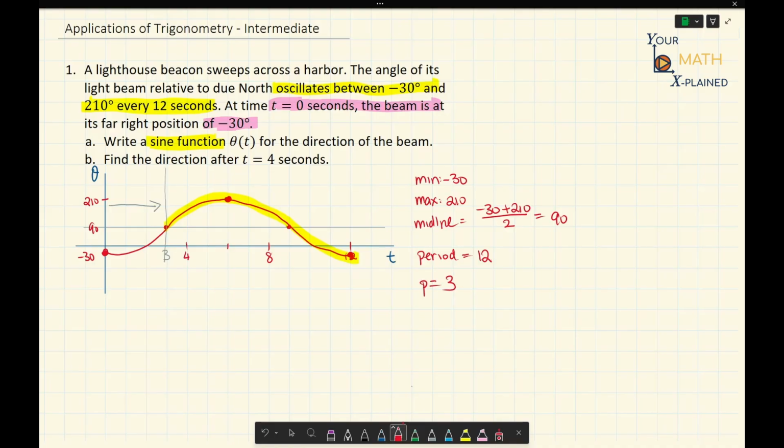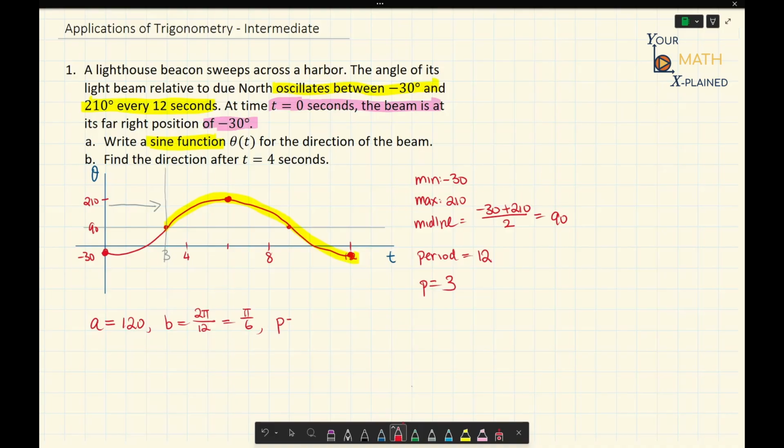So now let's go ahead and write down the important values. So we have our a, which is the amplitude. The amplitude is the difference between the midline and the max. So in this case, this would be 120. Our b value can be found using the period. So this is going to be equal to 2 pi divided by our period, which is 12. So this is equal to pi over 6.